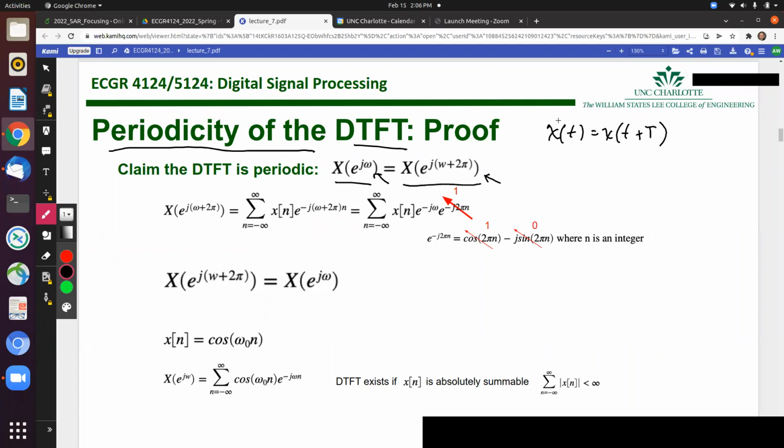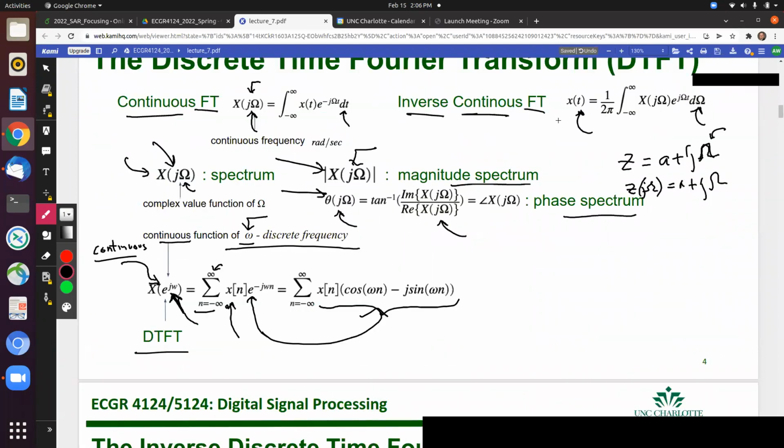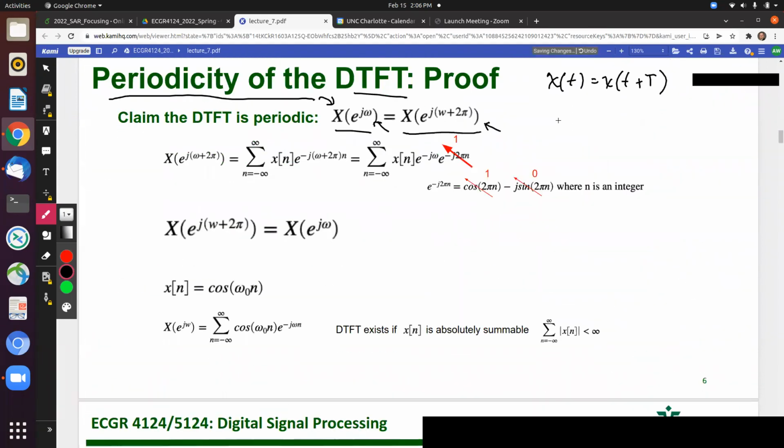So here's the mathematical proof. Just like any periodicity proof, you plug in, we know the definition of X(e^jω), right? We just wrote that down. X(e^jω) is this thing here. So it's the DTFT. So I'm going to write it down again. Capital X(e^jω) is the sum over all the values of n, goes from minus infinity to infinity.